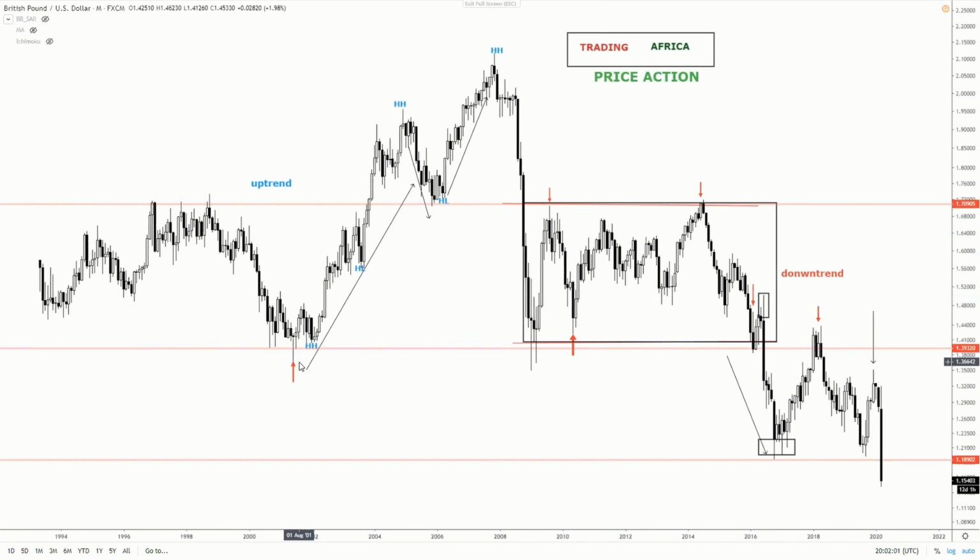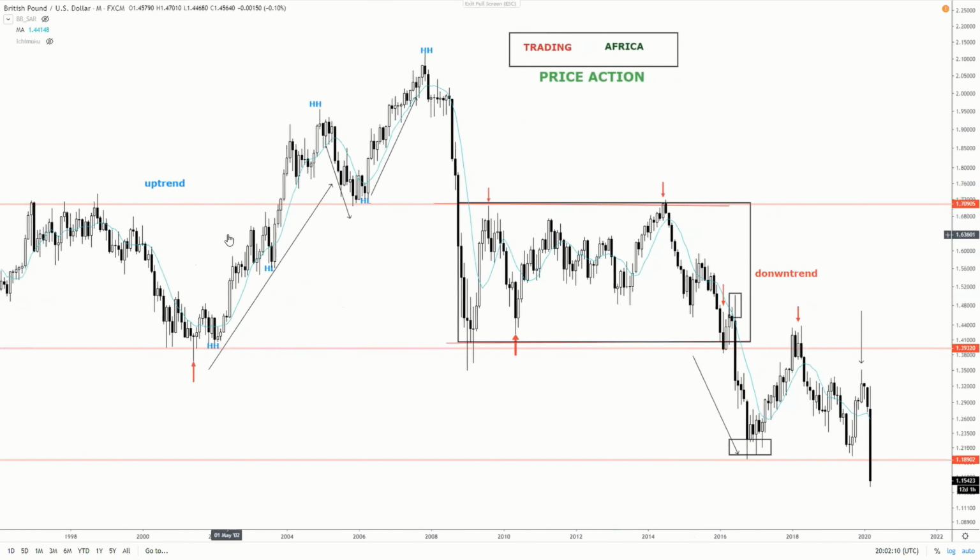For instance, I may try to apply the indicators to show the difference here. Here we are applying the moving average, which is moving here. You can see this difference.